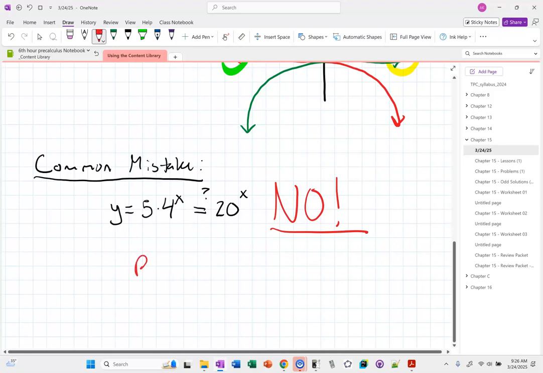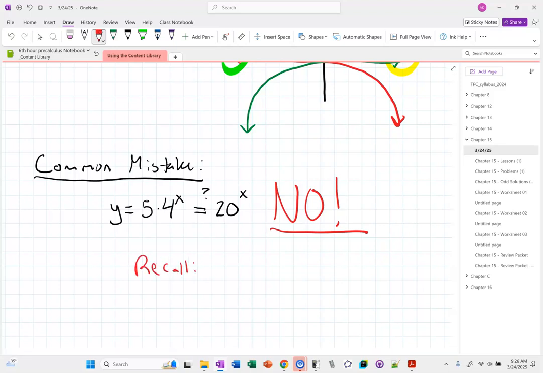So recall that if I want to multiply two exponential numbers together, they either need to have the same base, in which case we can add their exponents, or they need to have the same exponent, in which case we can multiply the bases but keep the exponent the same. Right?